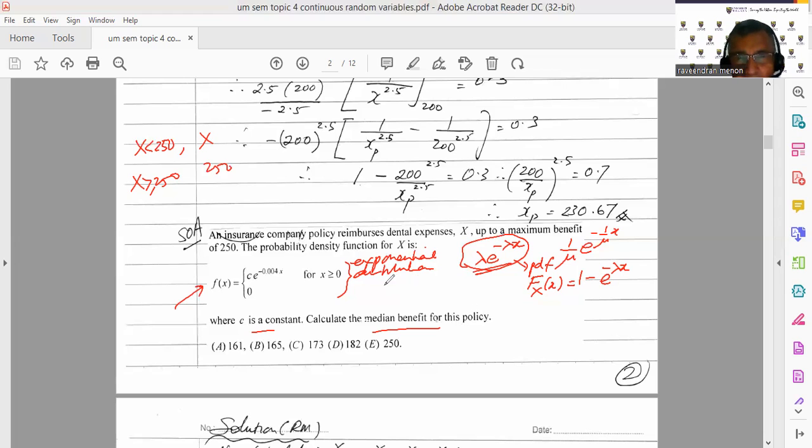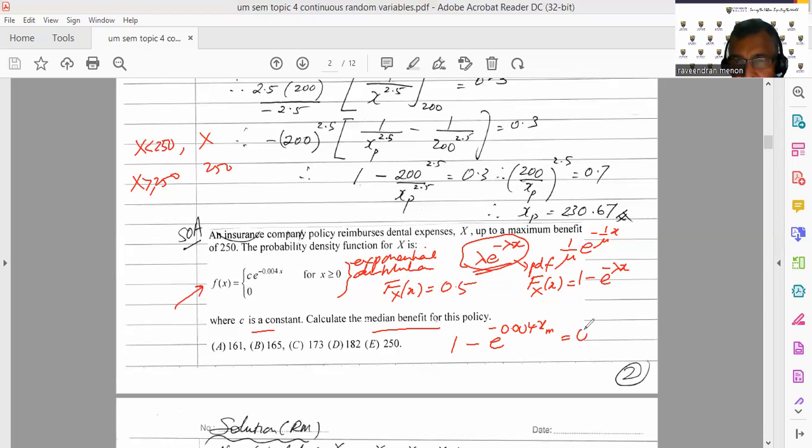So median, remember, we will have very quickly. Remember this? That's it. That's your median, right? So we can write 1 minus e to the power minus 0.004 xm, let me use the letter xm, right?